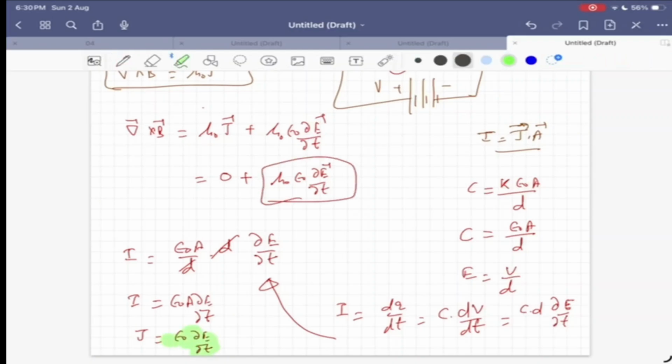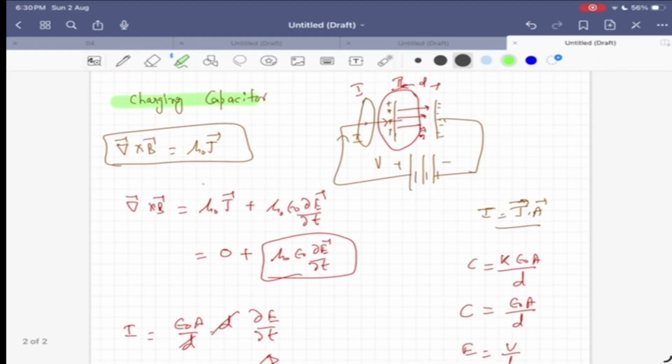So it means when we are dealing with this kind of Amperian loop, which is the second one, no current is piercing through it. However, charging is taking place, electric field is getting built up, and because the electric field is changing with time, therefore magnetic field is also there.